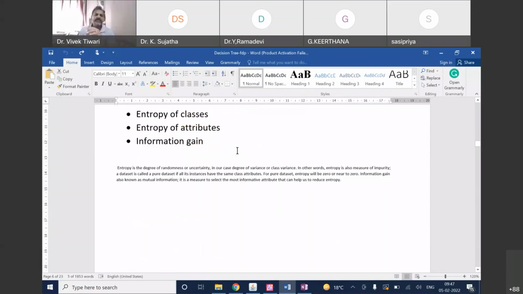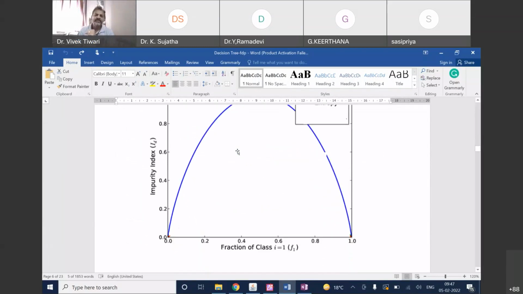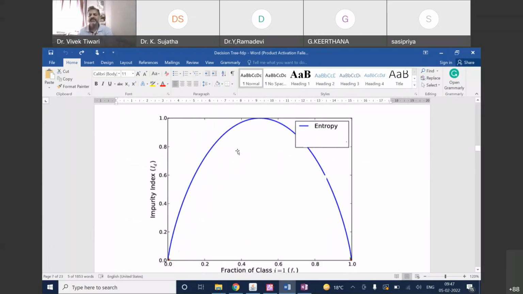I'm going to discuss how to calculate the entropy of the class, the entropy of the attribute, and the information gain of the attribute. First, let's have a discussion about entropy.